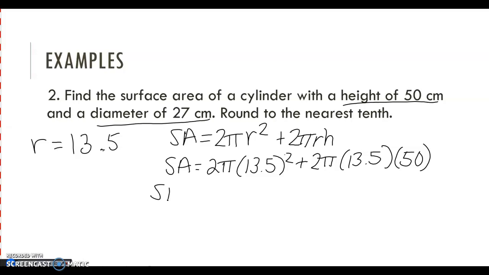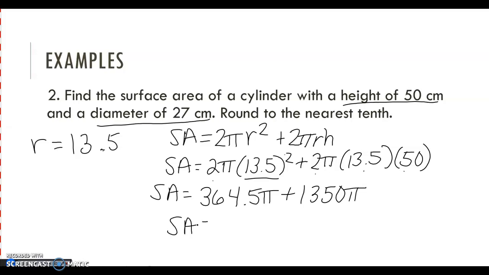And again, I'm going to express my answer in terms of pi. So if I do 13.5 squared times 2 first, I get 364.5 pi. And then if I do 2 times 13.5 times 50, I get 1,350 pi.